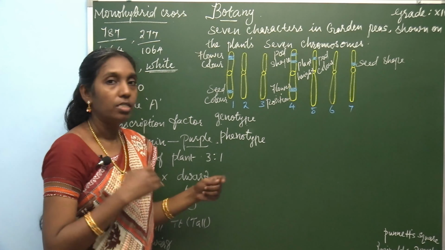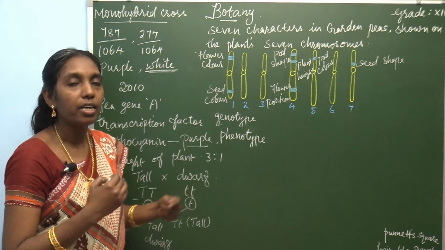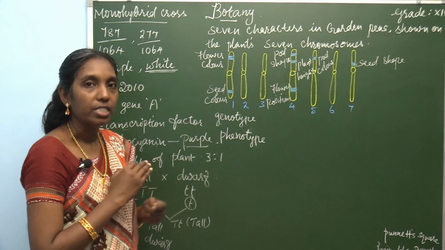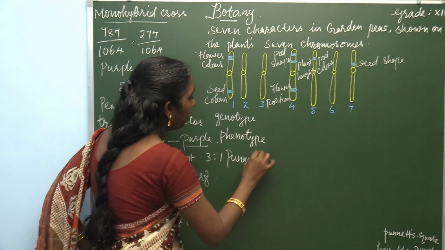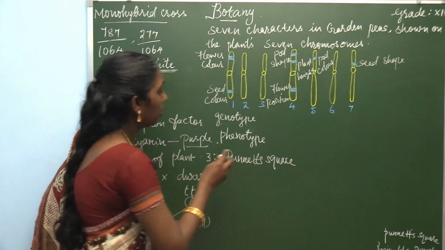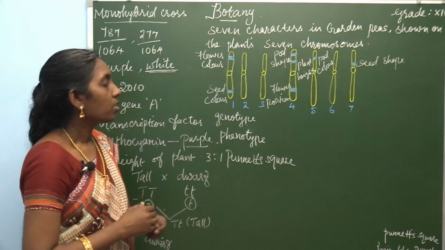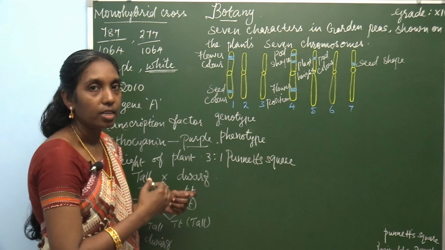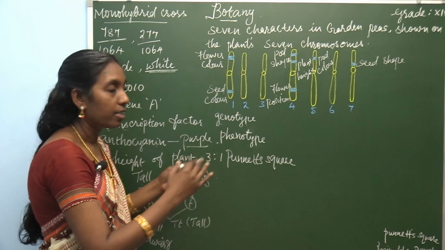These genetic constitutions are easily represented by a diagrammatic representation, a checkerboard, named the Punnett square, after Reginald Punnett. It illustrates the probability of these ratios very easily.